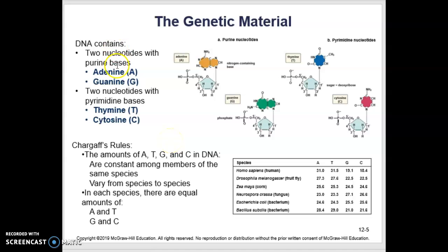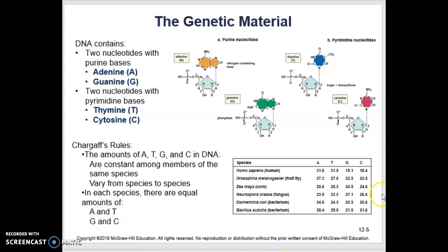Humans would have a different amount of adenine, guanine, thymine, and cytosine, and it seemed to be the same throughout an entire species, and each species differed from the other. And not only that, but each species had an equal amount of adenine and thymine and an equal amount of guanine and cytosine.